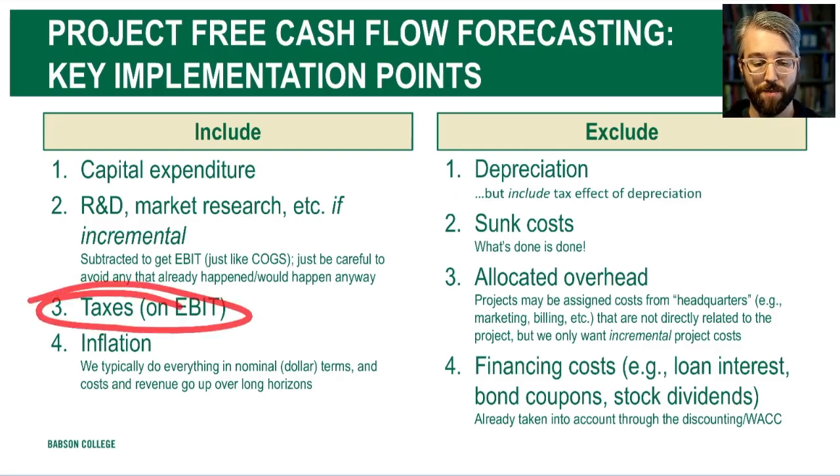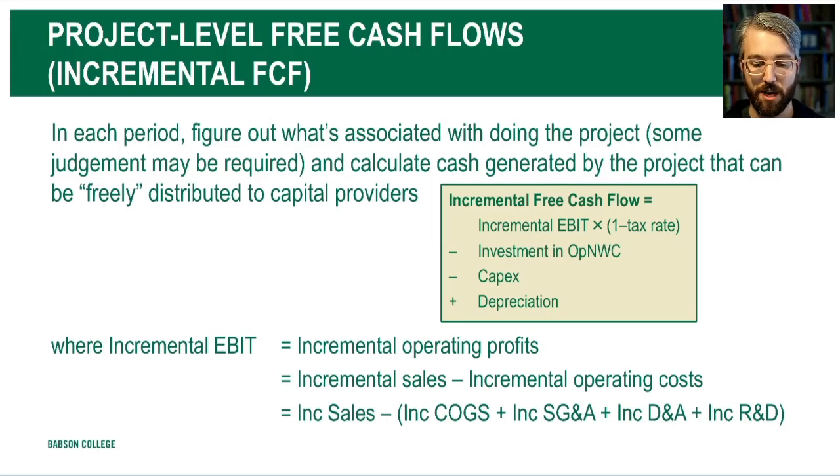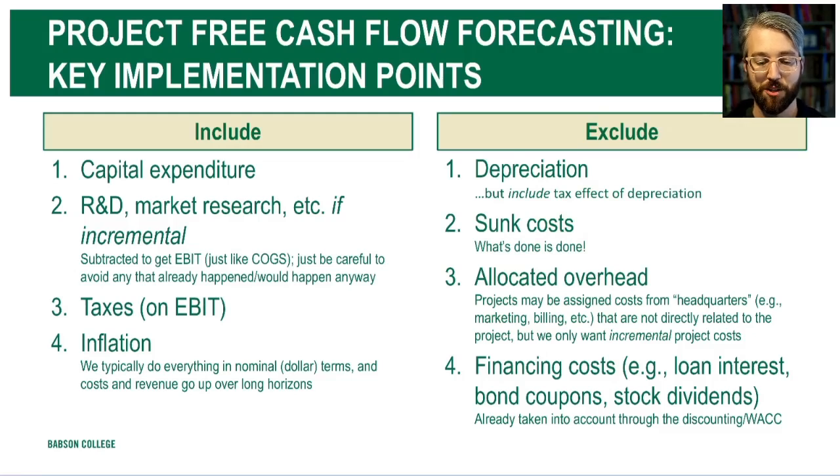Third thing, we're going to make sure to include taxes, or at least the tax impact that occurs through increased or decreased EBIT, or earnings before interest and taxes. And you can see that's what we did when we multiplied incremental EBIT by 1 minus the tax rate. The reason I'm clear to say taxes on EBIT here is the firm may also have a tax impact associated with financing the project. So maybe in order to do the project, the firm may have borrowed more, and that debt may generate some tax shield benefit or something like that.